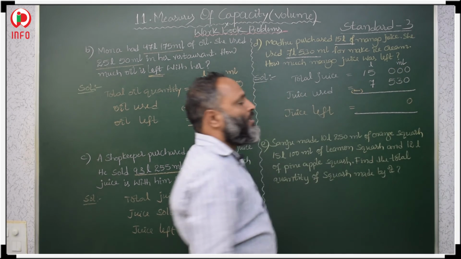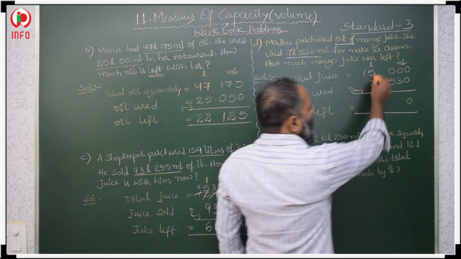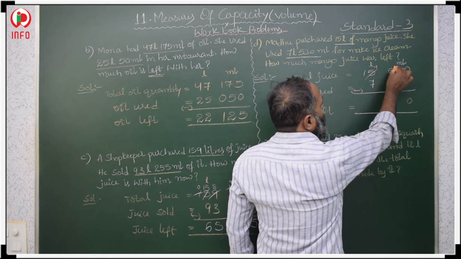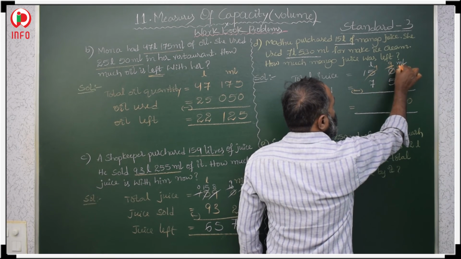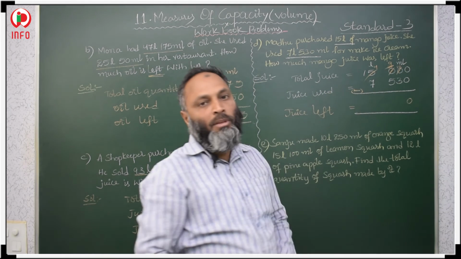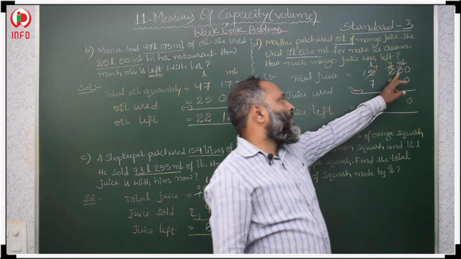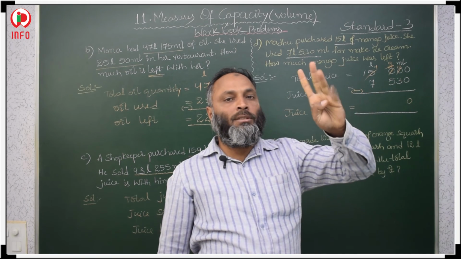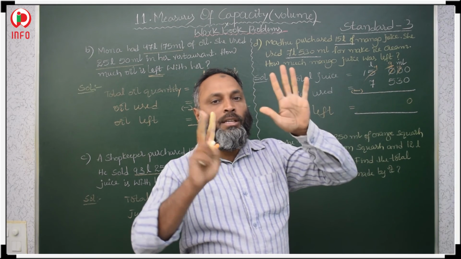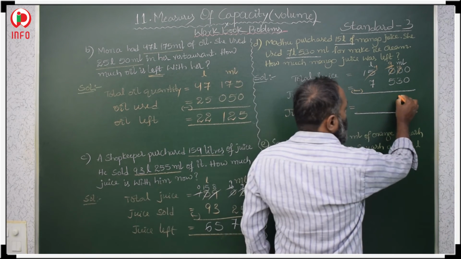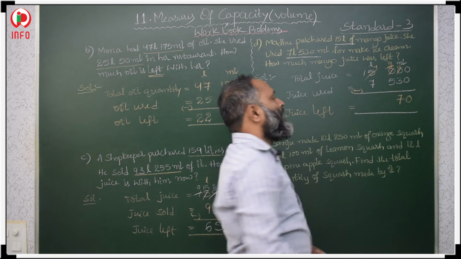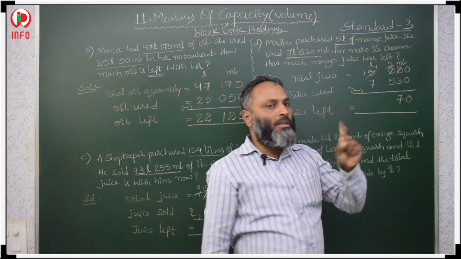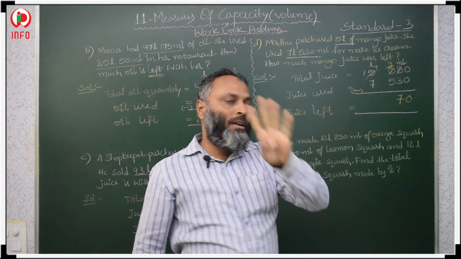Here 0, here 0, means take borrow from here. Here you will get 4, here you will get 10. If you take borrow again, here you will get 9, here you will get 10. 10 minus 3 means 4 to 10 we have to count. 4, 5, 6, 7, 8, 9, 10. It is 7. 9 minus 5 means 6 to 9 we have to count. 6, 7, 8, 9. It is 4.